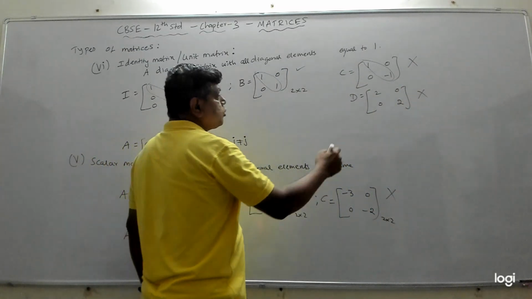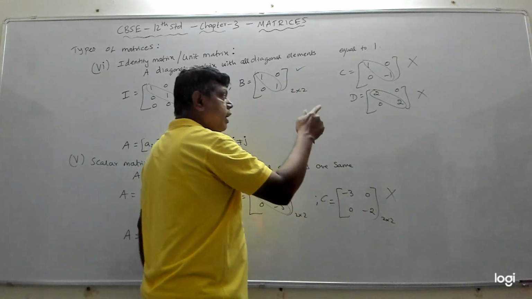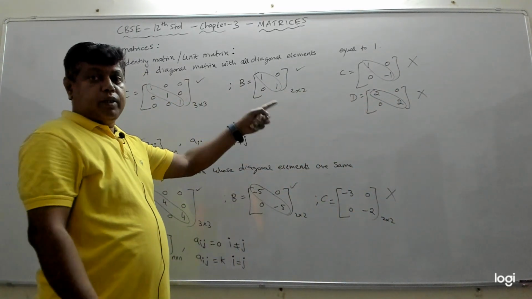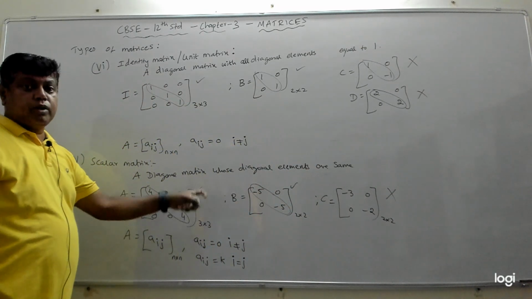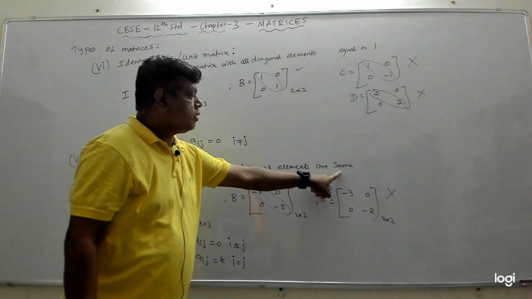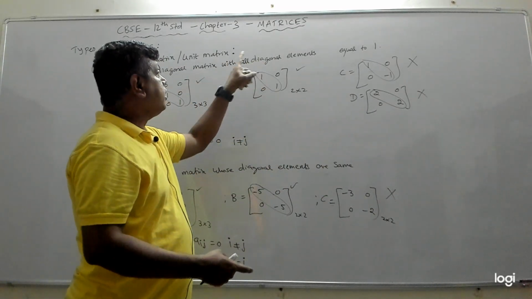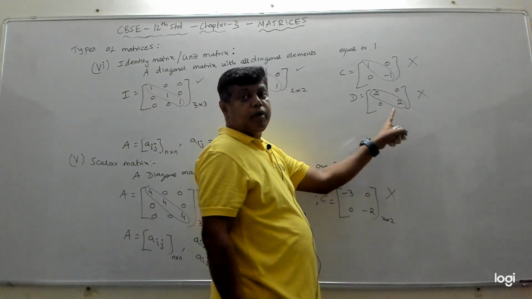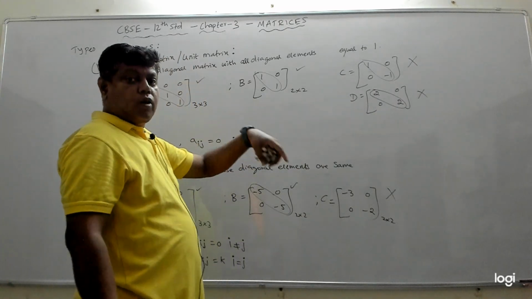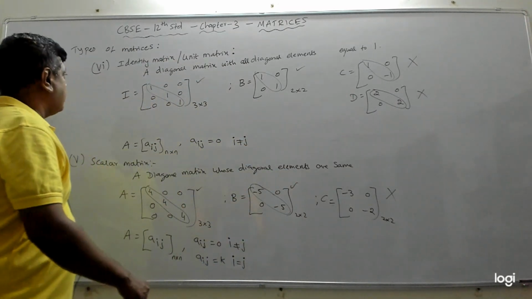All the diagonal elements are the same, but they are not equal to 1. This is called a scalar matrix because the diagonal elements are the same. But if they are the same and equal to 1, then it is an identity matrix. So this is not an identity matrix, but it is a scalar matrix, diagonal matrix or square matrix. Fine.